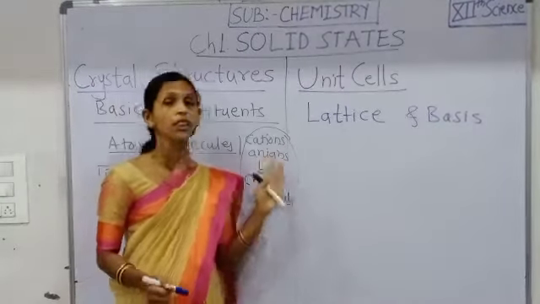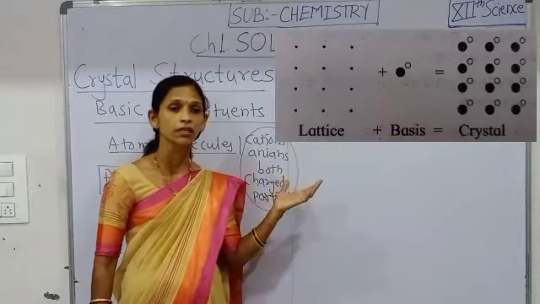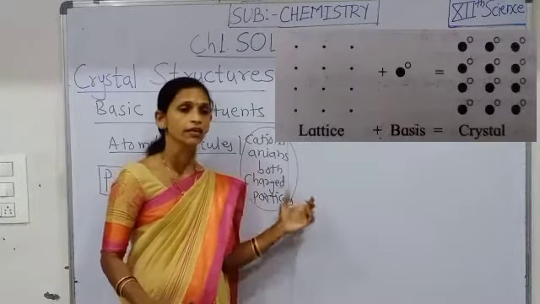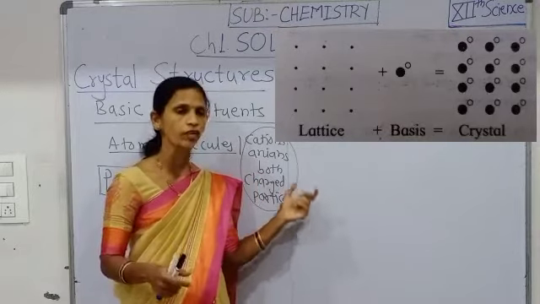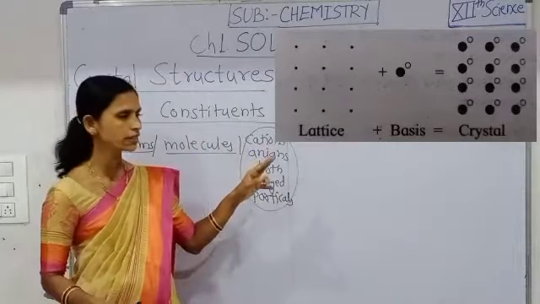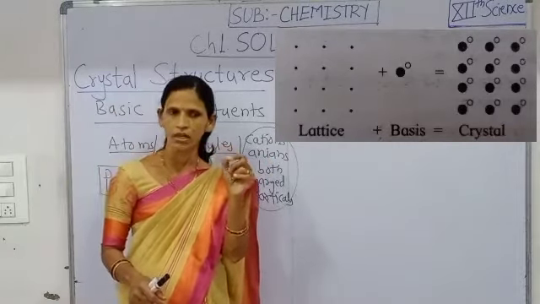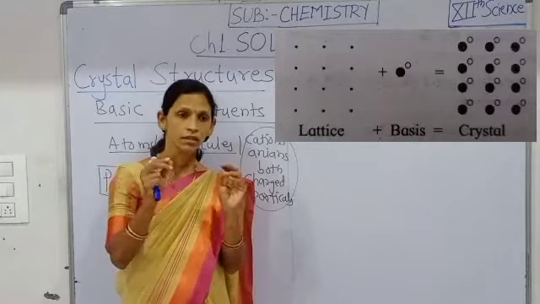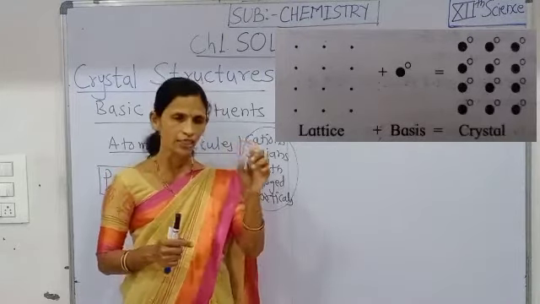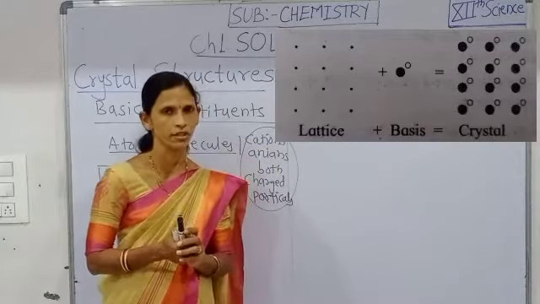See here in the figure, observe that the crystal structure is obtained by the combination of lattice points and bases. What is a lattice? The lattice is shown by small dots, and these are the particular positions in the crystal structure where particles are present.